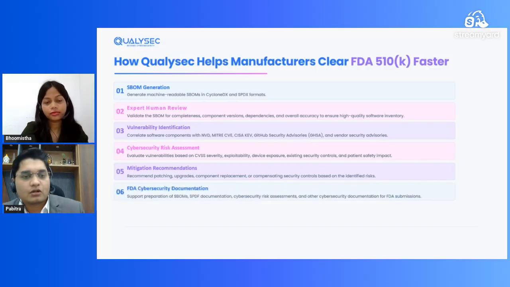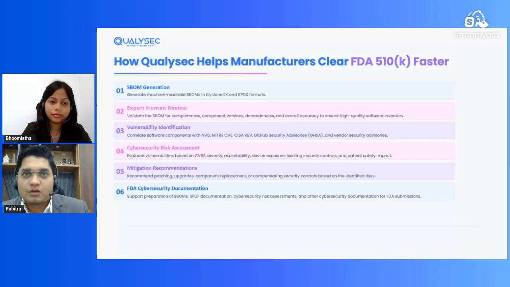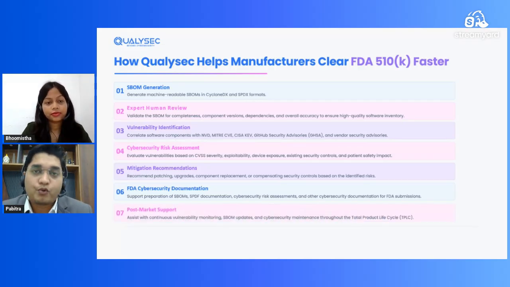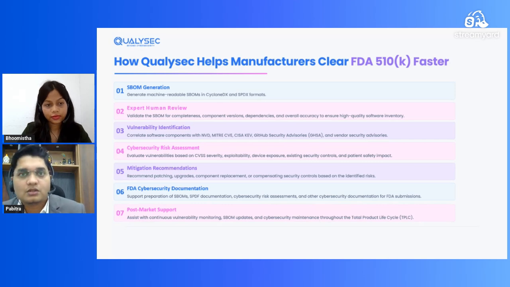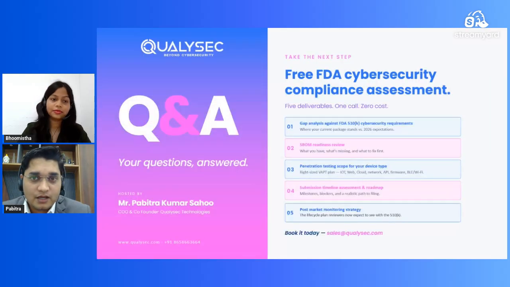Apart from that, we also provide FDA documentation. If you remember from our previous webinar regarding FDA documentation, there are 14 documents needed, and we will help with all of them. We also cover post-market submission support, how we will help you throughout the development life cycle after your submission succeeds.